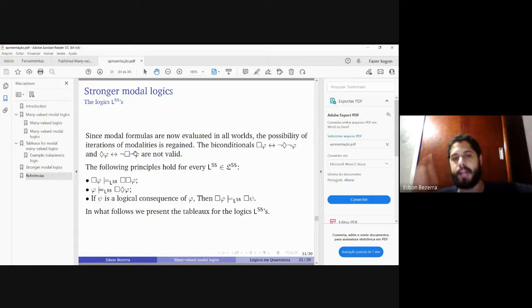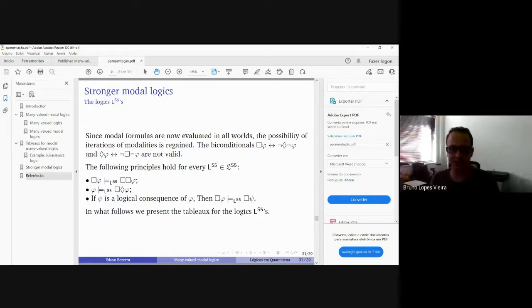You can regain, for example, the rule of box in all worlds. If I present an axiomatic version, for example, take the Lukasiewicz logics based on S5, in this case we regain the necessitation rule. We can apply it whenever we want. Of course, phi must be a theorem, or a hypothesis. If we have a hypothesis, we can apply the necessitation rule as we want. Okay, I got it. Thank you.